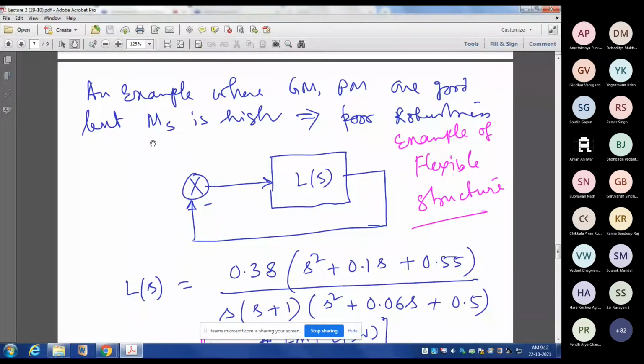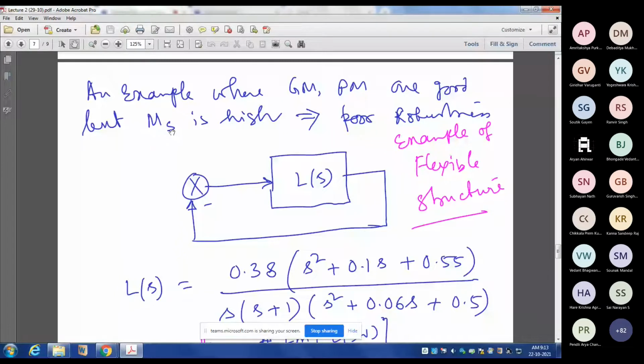Now the question may be this: we have seen that MS may be small but gain margin and phase margin are poor, right? So we have to guarantee that if MS is small, then we can also ensure the gain margin and phase margin are good.